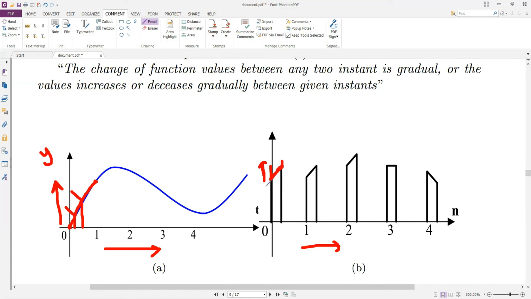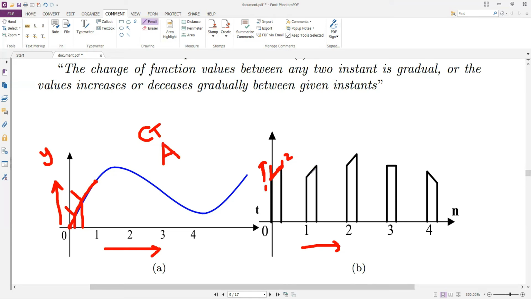Let's suppose at this point we have a value of 1, and at this point we have a value of 2. There are infinite number of values between 1 and 2, and all these values will be defined for a specific interval of time. So this is a continuous time and analog signal.